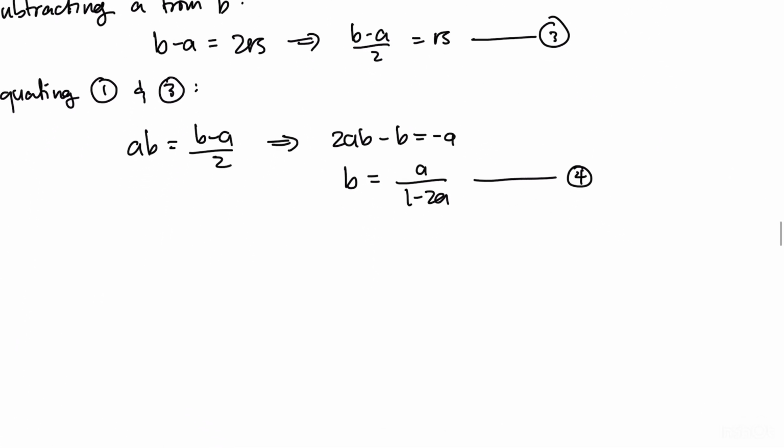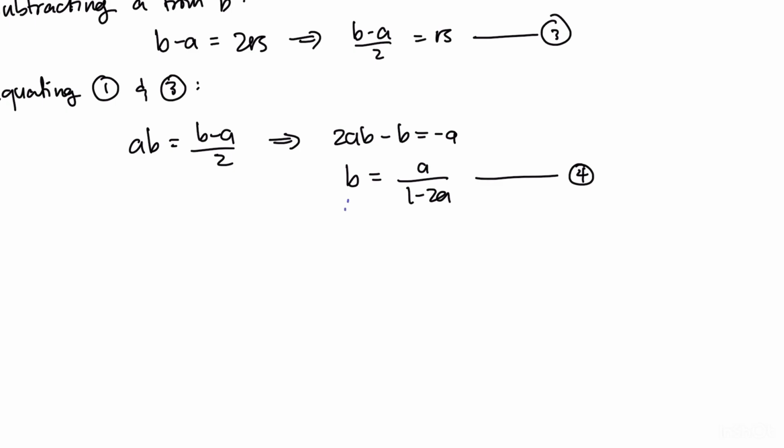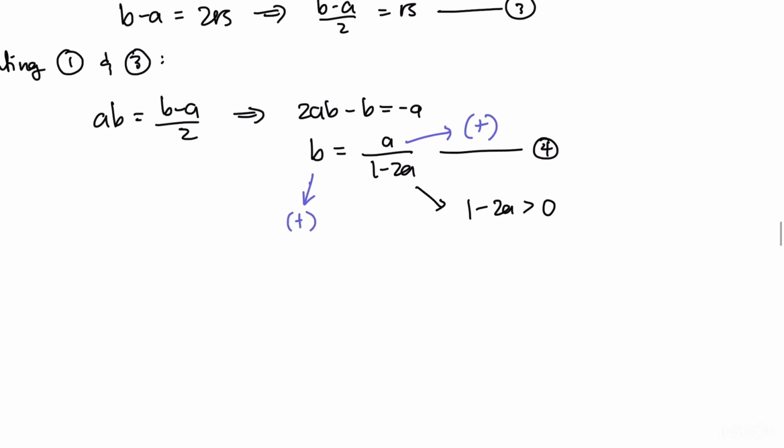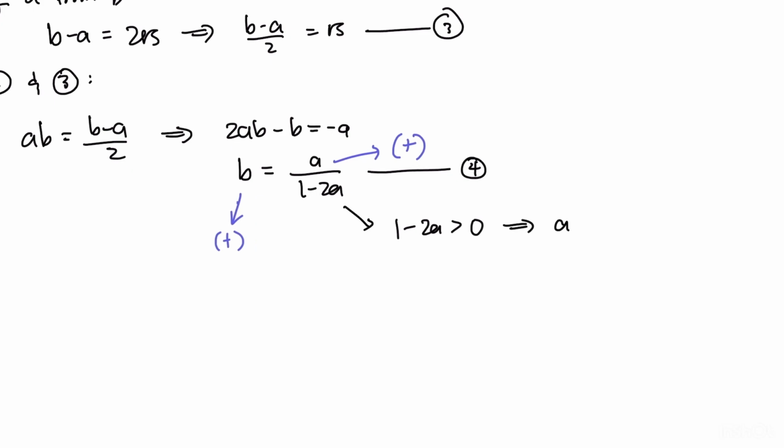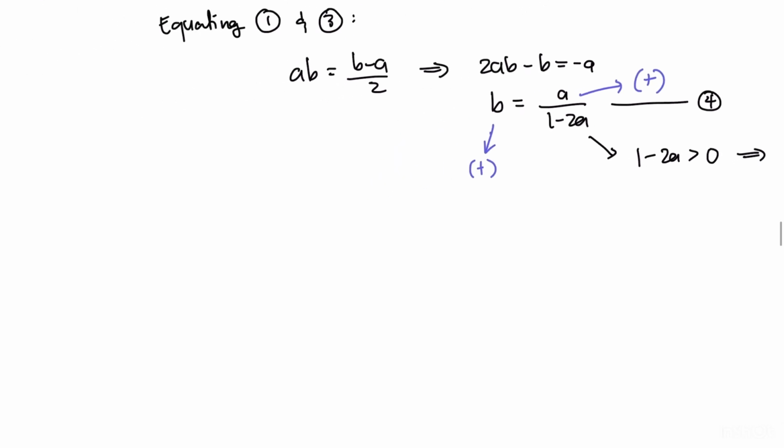So we can infer from here that B, the left-hand side, is positive, and A is also positive. So this implies that 1 minus 2A must be positive as well, which implies that A must be less than 1/2. So we know that A must be greater than 0 but less than 1/2.